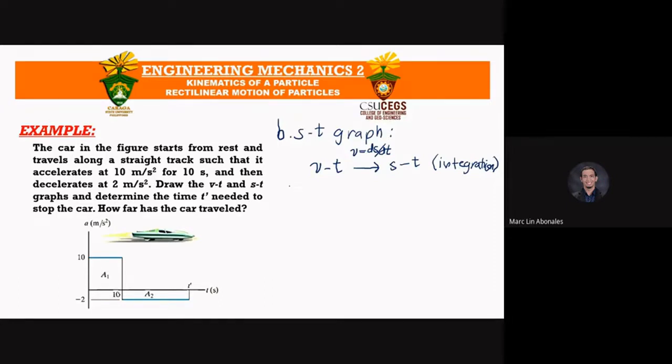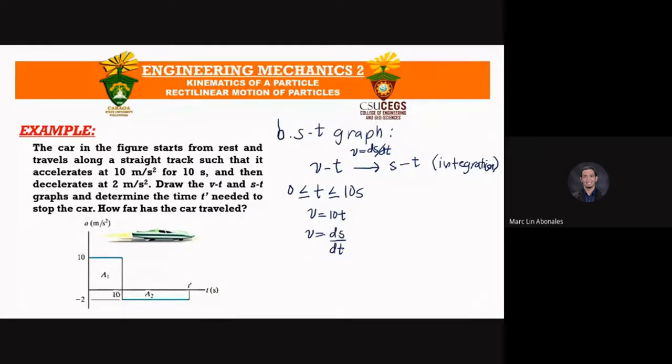So the first interval, that is 0 to 10 seconds, and the function or equation sa velocity in this time interval was v is equal to 10t. So using this kinematic equation, v is equal to ds over dt.